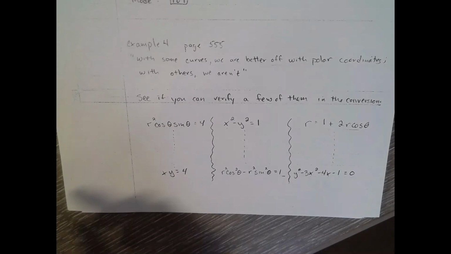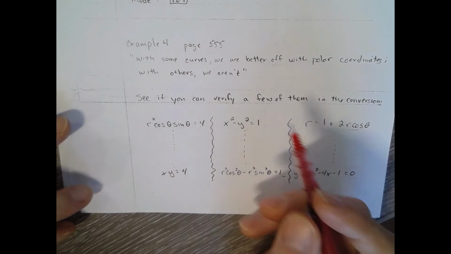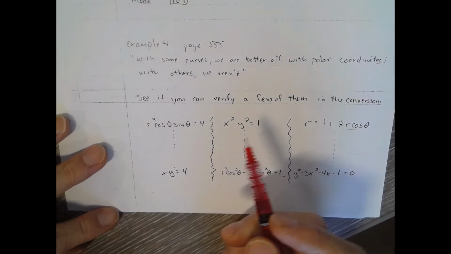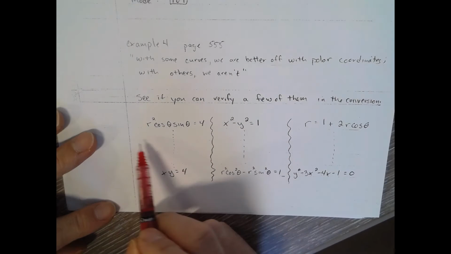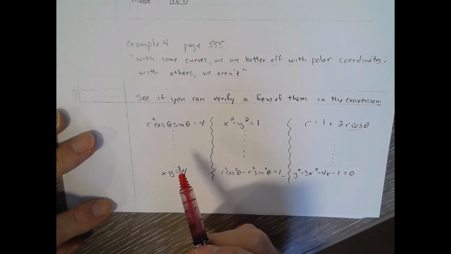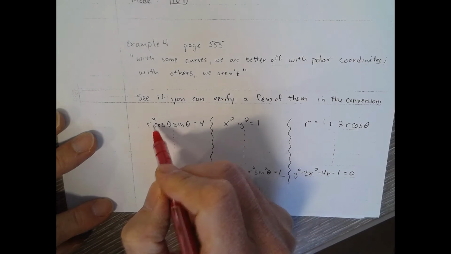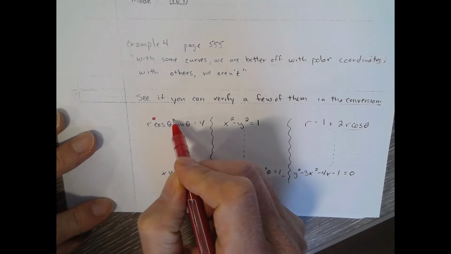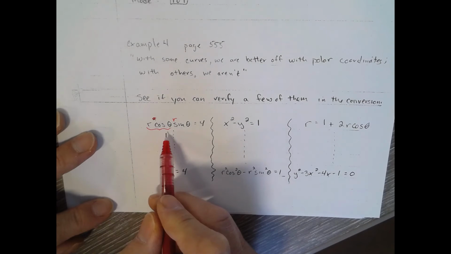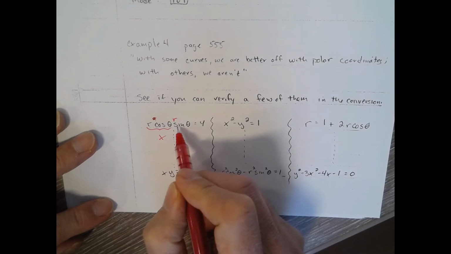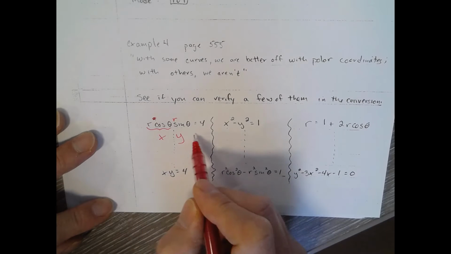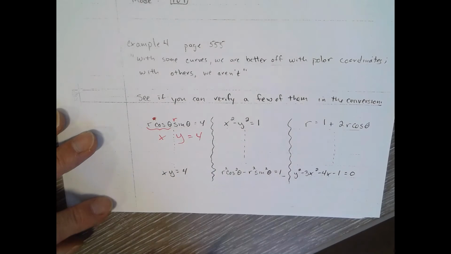All right, so for the sake of time, I'm just going to go through these. What do we do here in the first one? You took the r out and it's 2 r's. So think of it as an r attached to the cosine and an r attached to the sine. And r cosine theta is just x, and r times sine theta is y, equals 4. So basically one step and we get our answer.